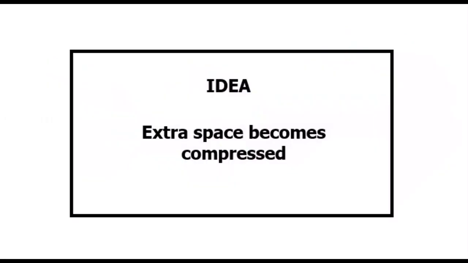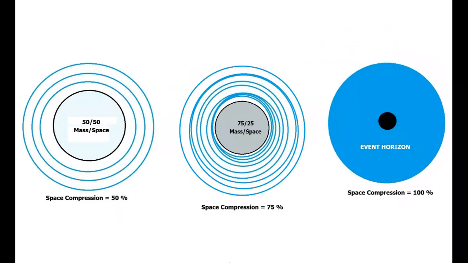Idea: extra space becomes compressed. Okay, so that displaced space plus the regular space that is there means that there is too much space, right? So what do you think will happen? If there's too much space for the area, there has to be cramping or compression.